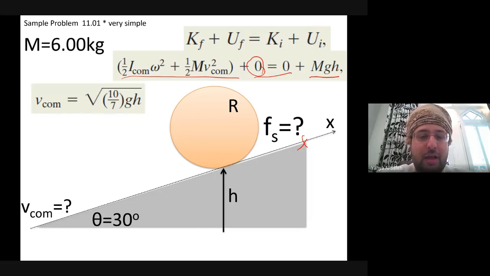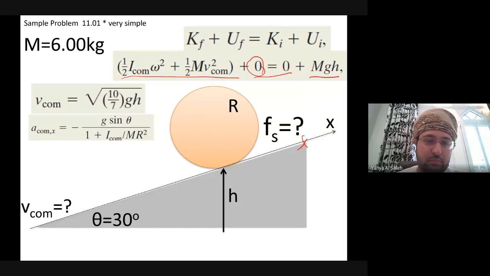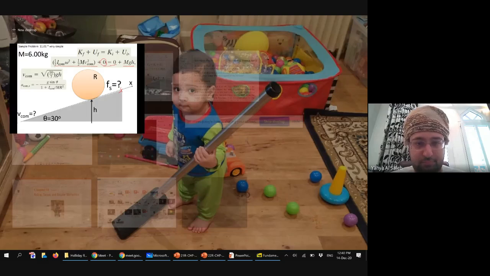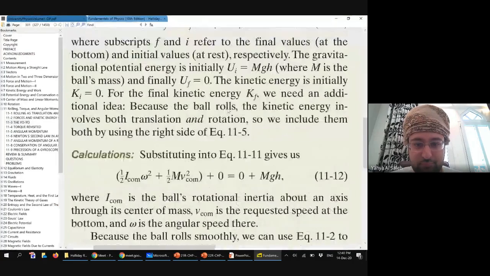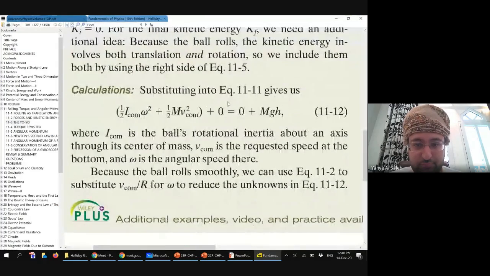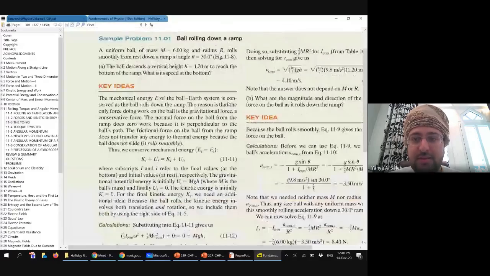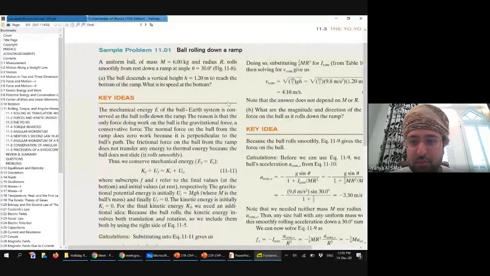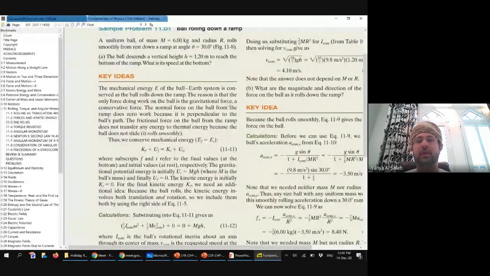Now, if I take this and simplify it, what do I end up with? Now, since this is a ball, we can take some data from our data sheet.